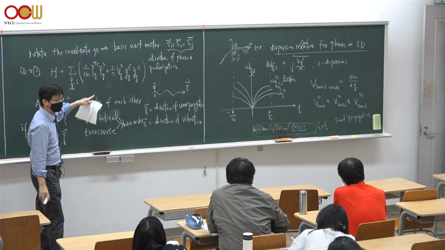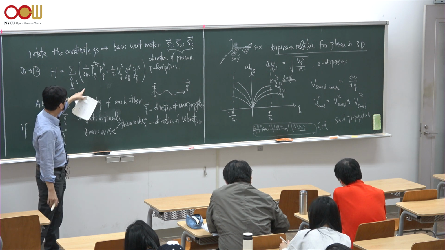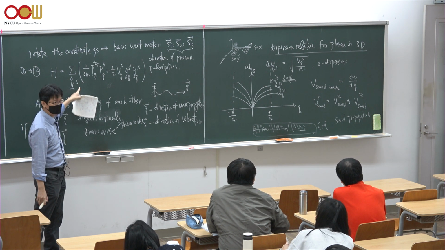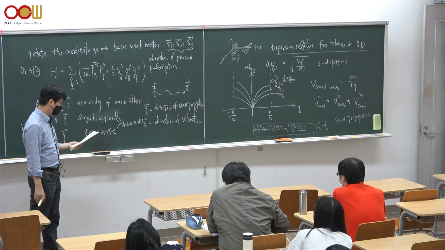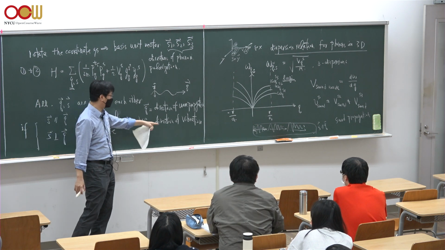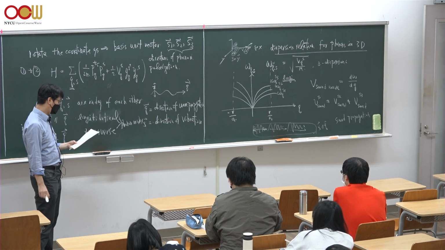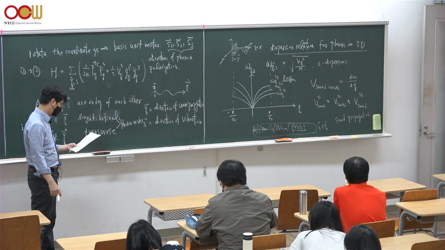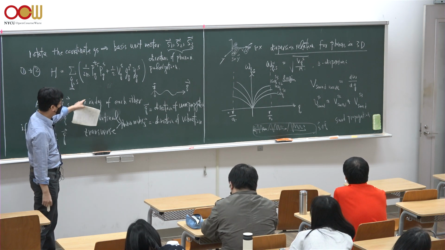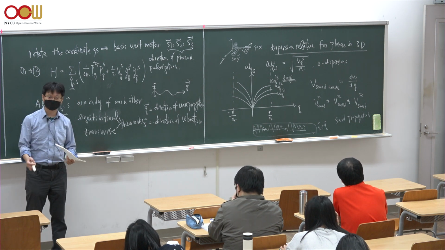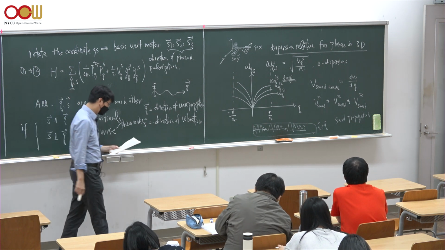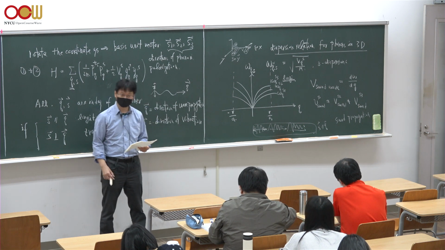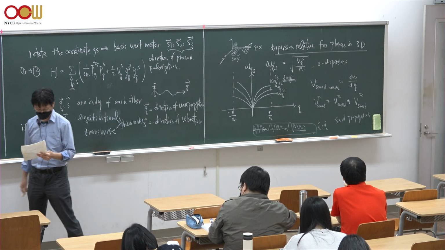So now we are able to second quantize this three-dimensional phonon Hamiltonian. You know that the only difference here is that you have the extra three degrees of freedom attached to three different directions of vibration, and other than that, they are identical to the one-dimensional phonon problem. So let's take a short break. When we come back, we'll just follow the second quantization that we have done for 1D phonon, and we generalize it to 3D phonon.